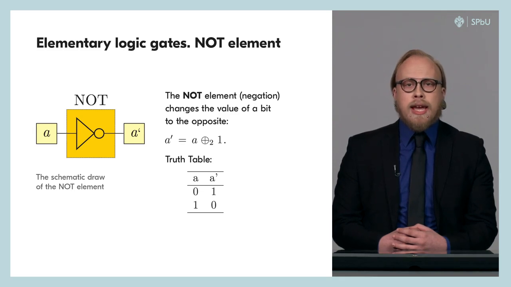Recall that when adding modulo 2, we must first simply add the numbers and then divide the result by 2. The remainder after dividing will be the result of addition modulo 2. When we add 2-bit values, we get 0 when both bits are equal, that is, when each bit is 0 or when each bit is 1, and we get 1 in all other cases.